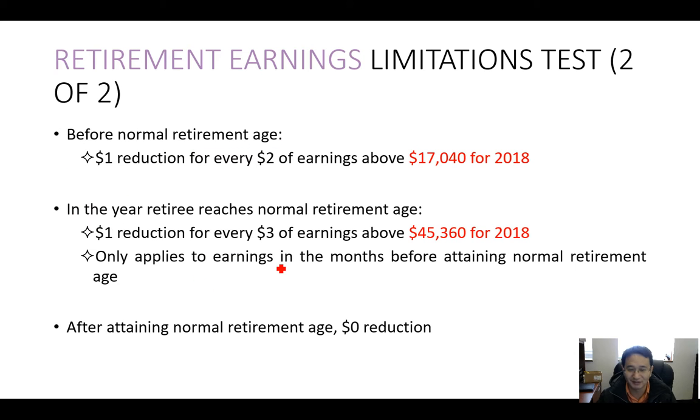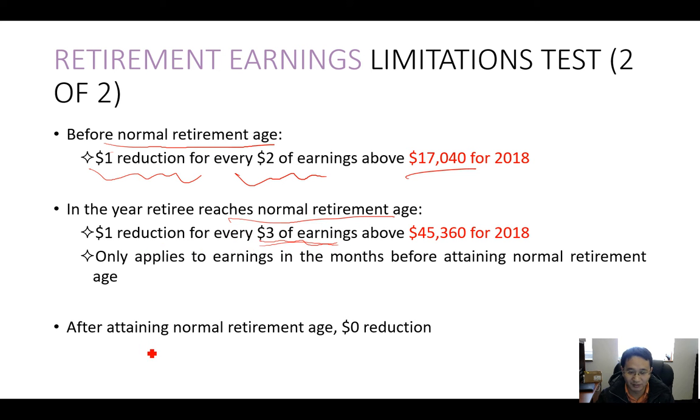So you can see that if you work and claim before normal retirement age, for every $2 you make through a part-time job or whatever, it's earned income, it will reduce your Social Security benefit by $1. And then if you reach a higher amount, it's less severe in the year you reach that age, $3.